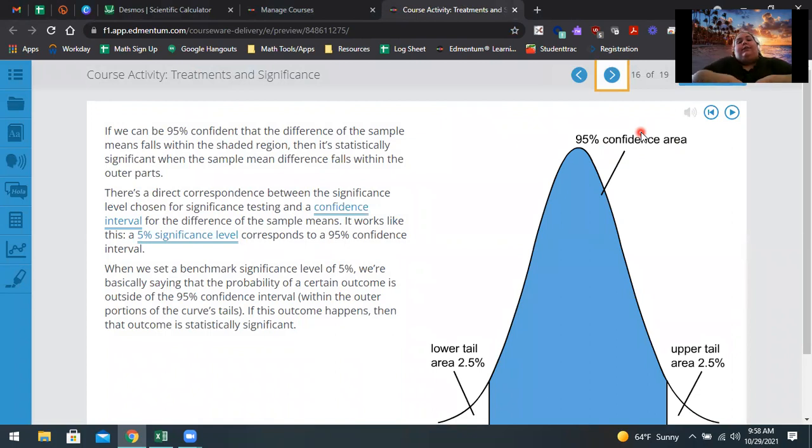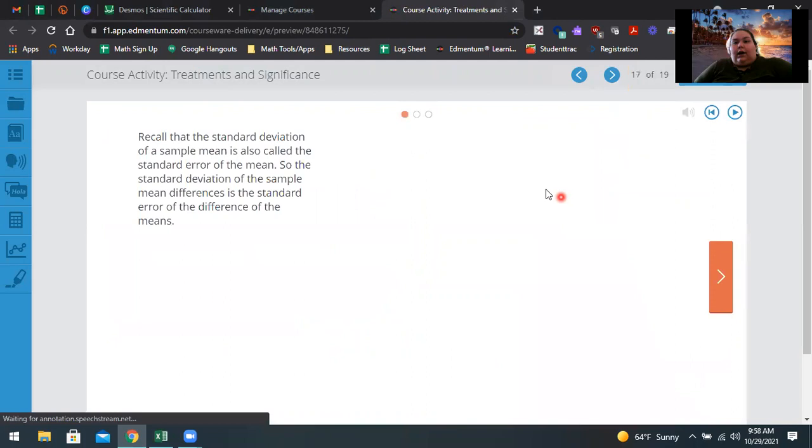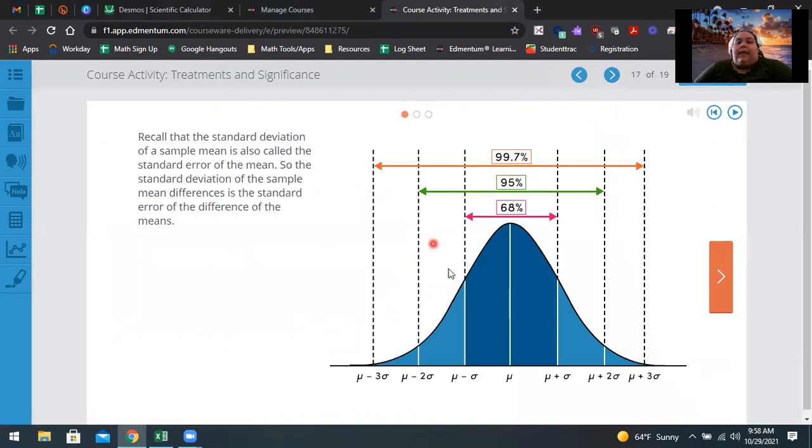Now here we're doing the opposite. Instead of finding the 95%, we're looking for the 5%. If you think about it, that both adds up to 100 if you put them together, 95 and 5. So instead of looking within, we're trying to find the interval, but looking for it on the outside. We're working opposite of what we were seeing.